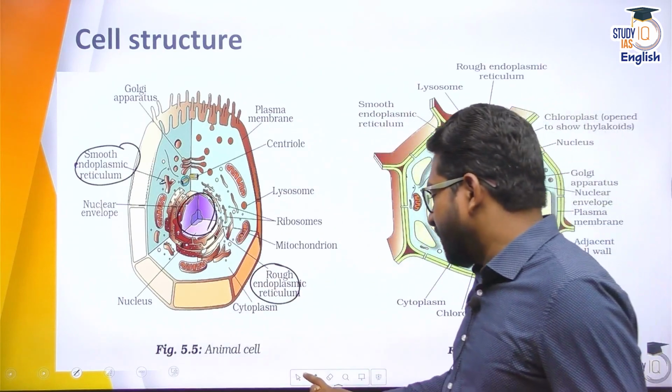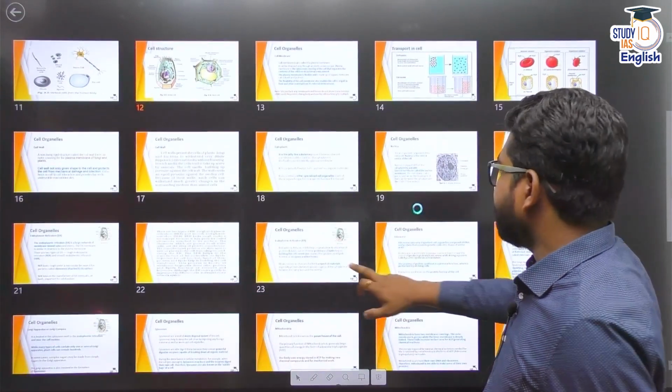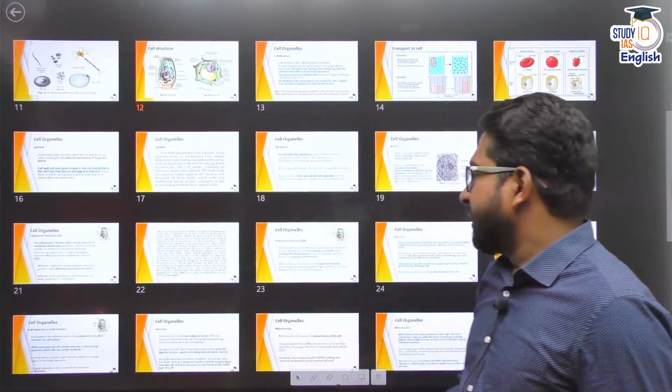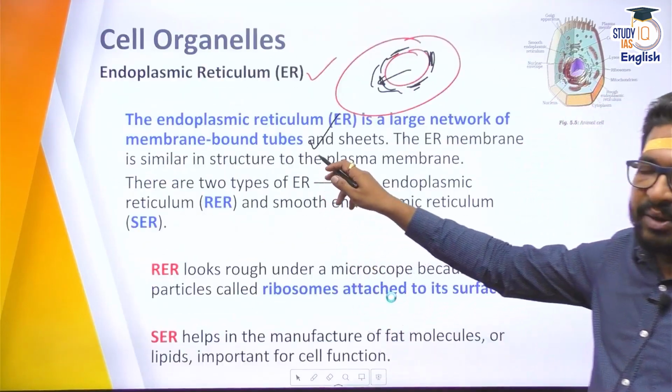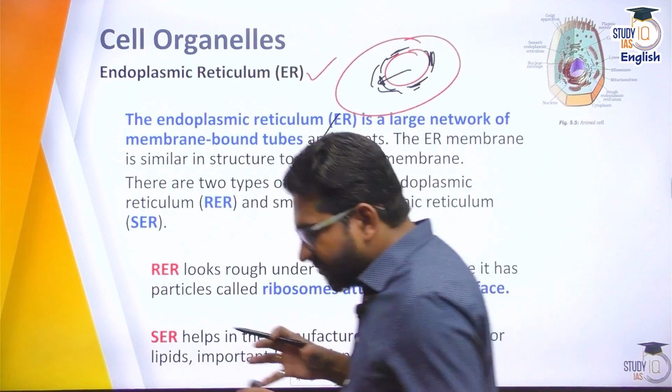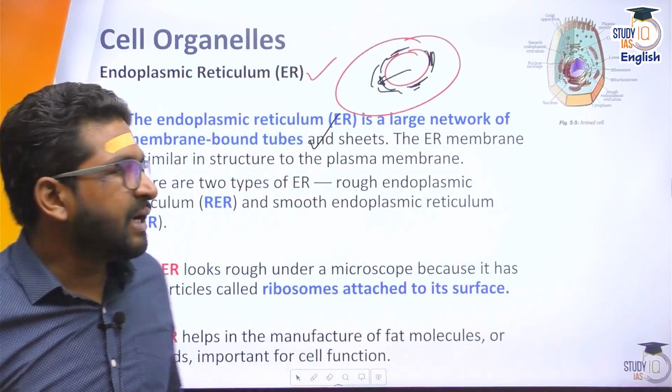All right. So the endoplasmic reticulum's job is to provide some sort of a skeletal framework to the cell. It provides stability to the cell.